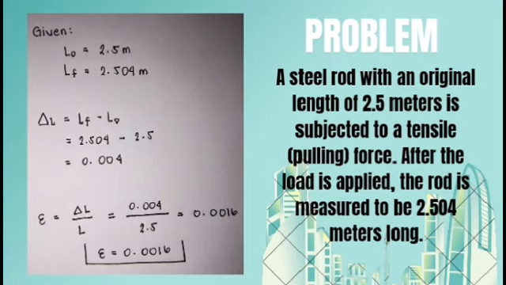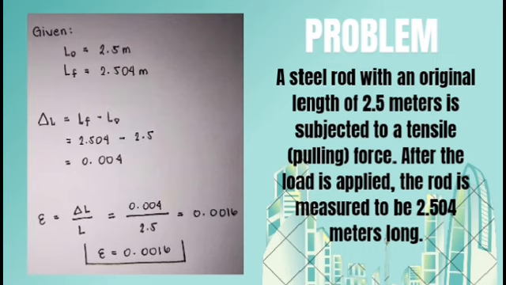First we'll be finding the change in length. The formula for that is change in length equals final length minus the original length. 2.504 minus 2.5 equals 0.004. And then calculate the strain using the formula.